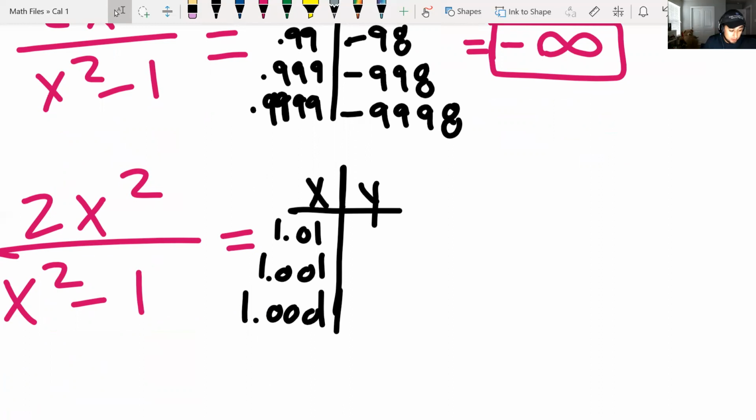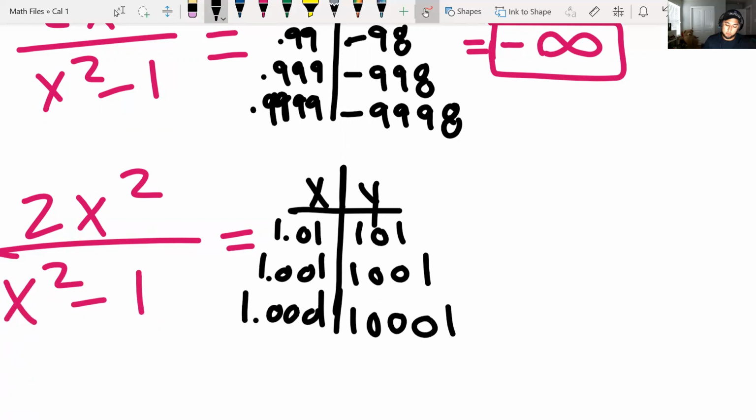So 1.01 gives me 101.5, so about 101, then 1.001 gives 1001, and then this would be 10,001.